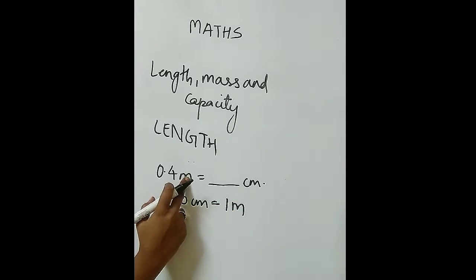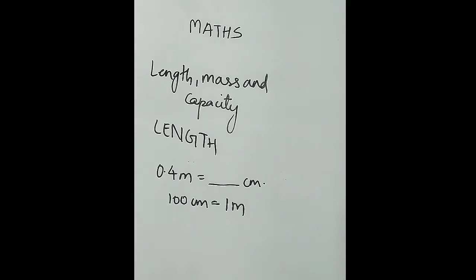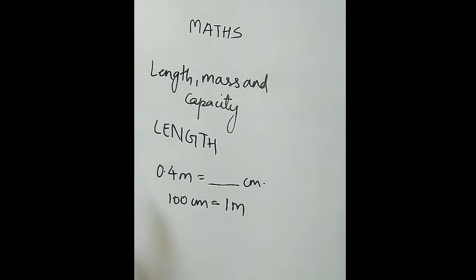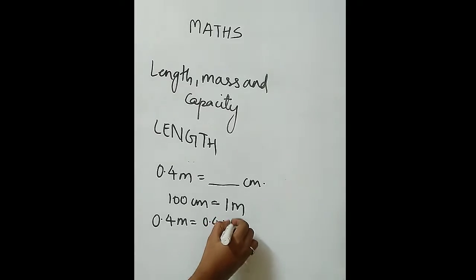Now, is meter greater or centimeter greater? Meter is greater according to the scale. Now when you convert meter to centimeter, that is bigger to smaller, so that time we multiply it. So 0.4 meter is equal to 0.4 into 100.